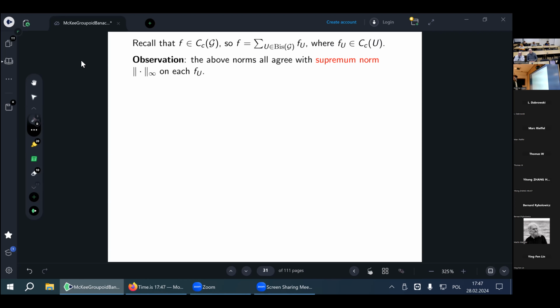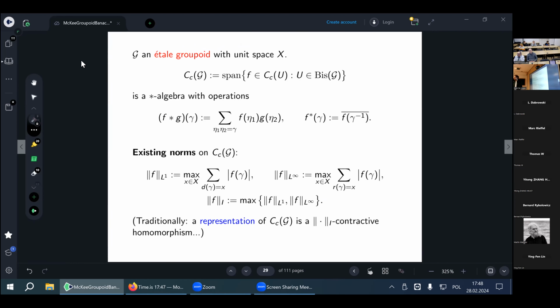It turns out that this is what you need when you work with representations. I'll let you stare at it for a second and see that it's the supremum norm. If f lives on a bisection, there's only one gamma here, so this sum disappears, and we just have the max over x in X, which is the same as the max over gamma in the bisection. So we get the supremum norm, provided X is compact. But f is compactly supported. Yes.